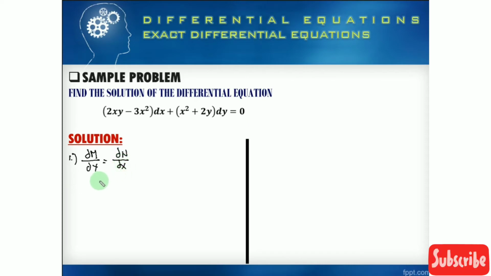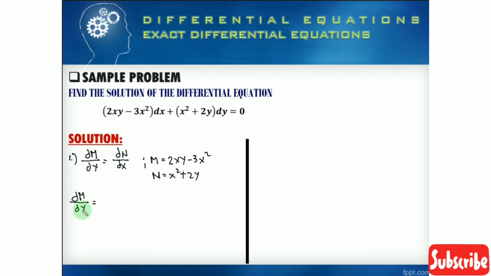That is the first step for checking if this can be solved by exact differential equation, where our m is equal to 2xy minus 3x squared, and our n is equal to x squared plus 2y. So this time we try to check the partial derivative of m with respect to y.